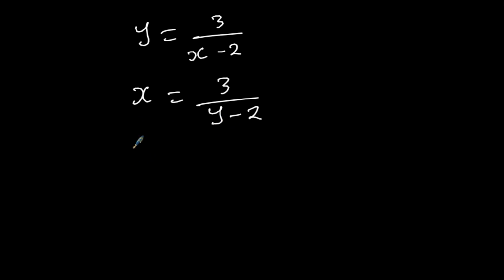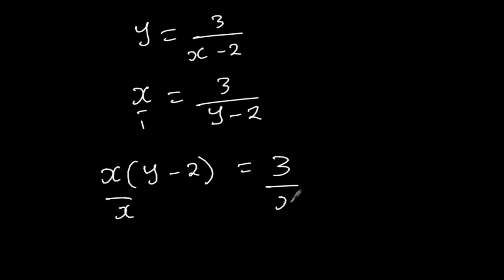So at this point, I can cross multiply. That is x over 1, and it will give me x times (y minus 2) equals 3. So I can divide this by x instead of expanding first.